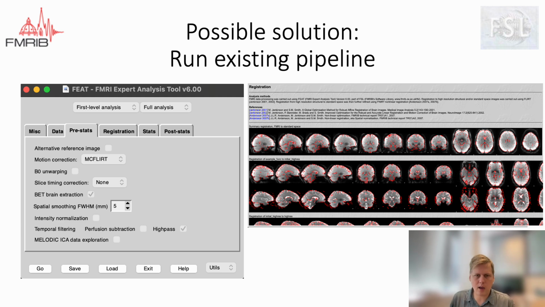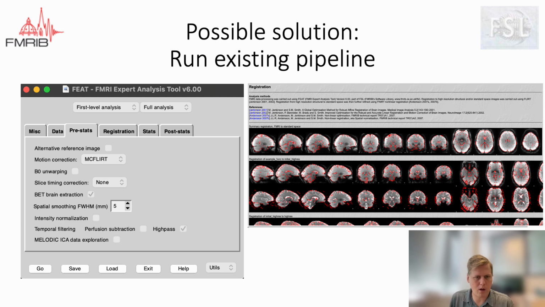Even if they're not interactive, they do give us an idea of how well, for example, the brain extraction and registration worked. However, if the registration didn't work, for example, because you've got subjects with large lesions, and you would like to mask out these lesions when running the registration, then that is possible within the individual tools.